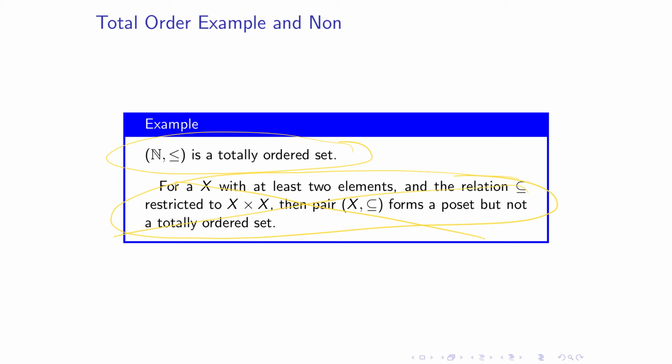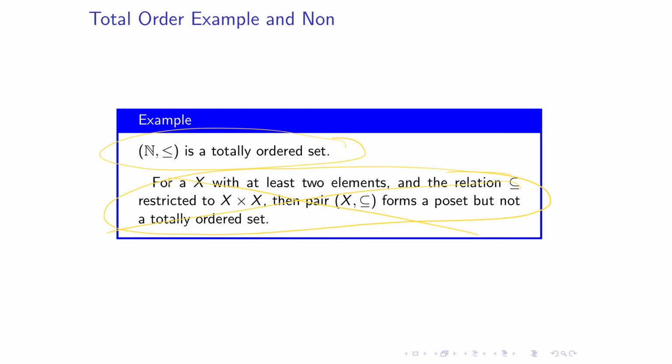But basically, the non-example is where you have the power set of some set, maybe the set A, which will be our set X. When it is ordered by set inclusion, the subset relation, then so long as the set A has at least two elements, this will always form a partial order, but not a total order. So that's the non-example.